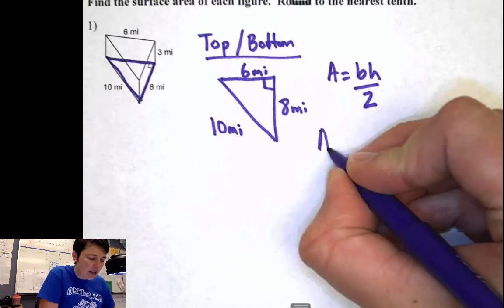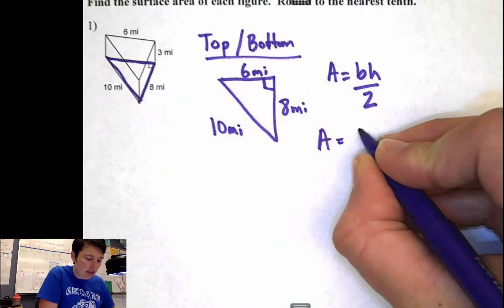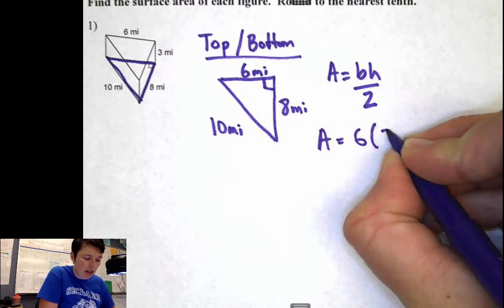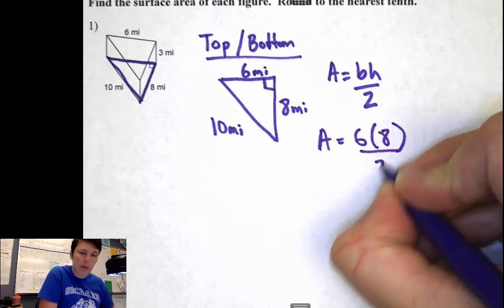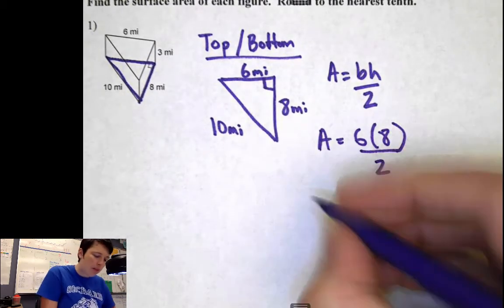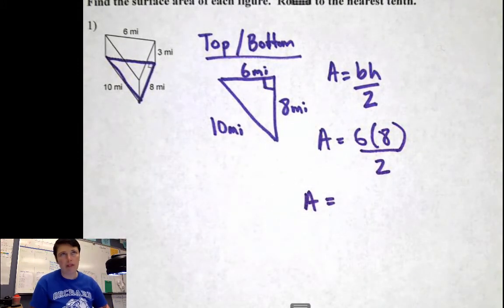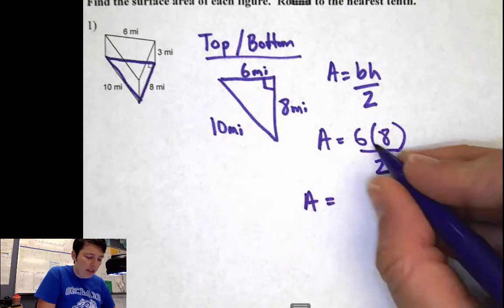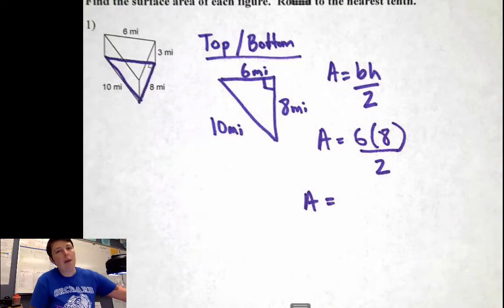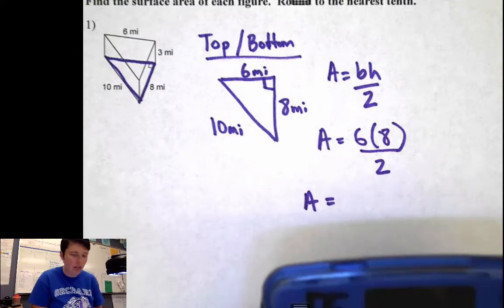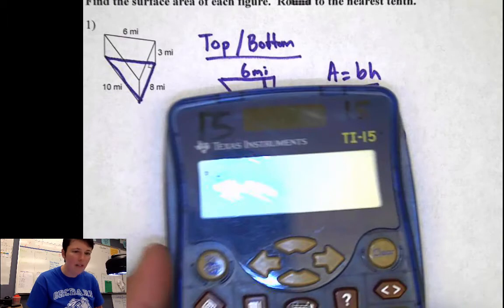So my area is going to be base 6 times a height of 8, divided by 2. So there's our math that we need to do. We know 6 times 8, we can multiply that together. That's pretty fast for us. So take 6 times 8 and then divide it by 2. And I'm going to show you something. Some of you guys are doing this in your calculator, and that's totally fine.